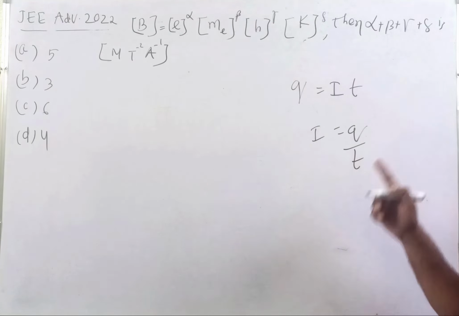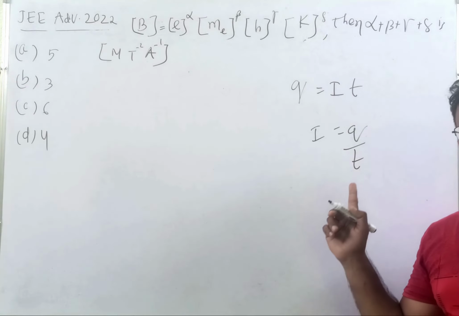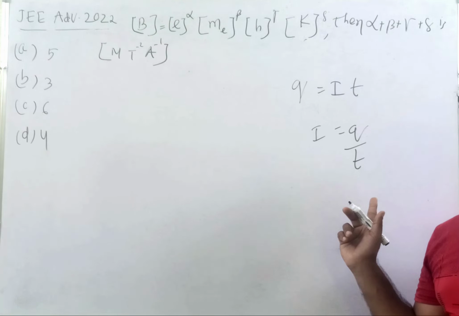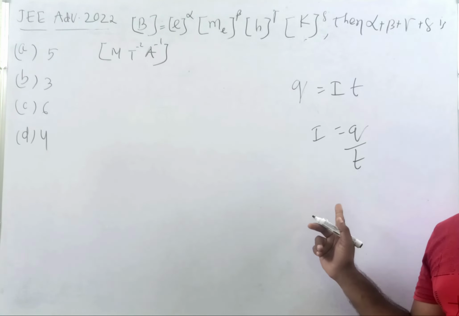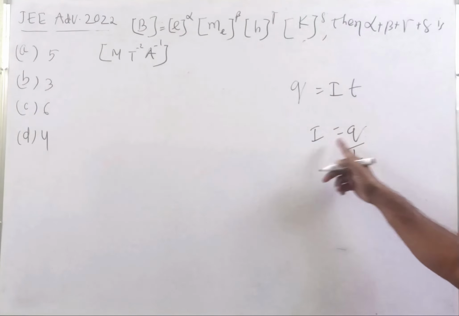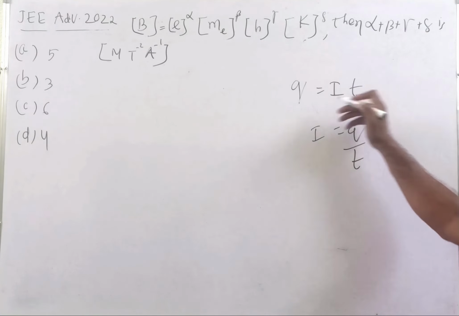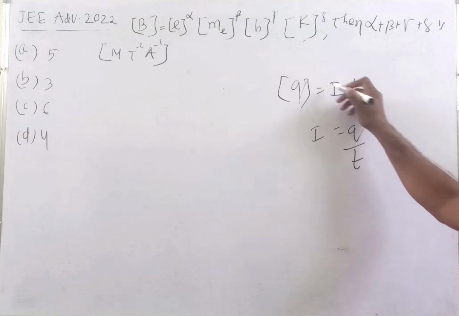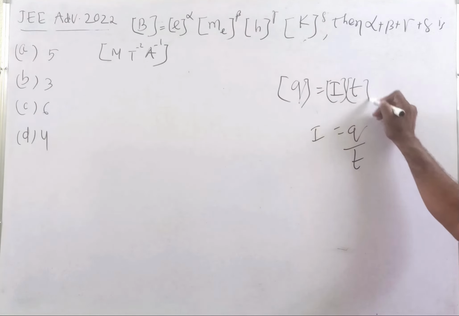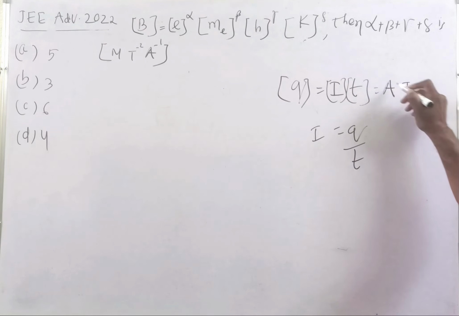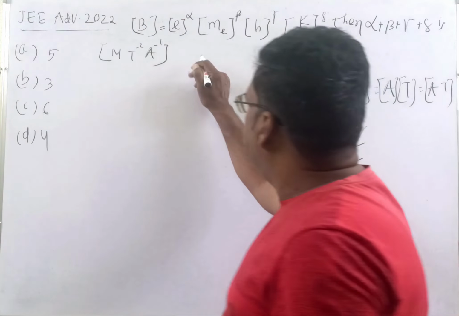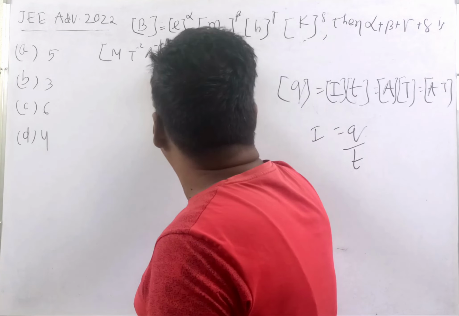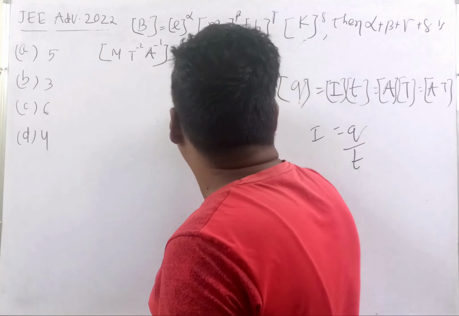How much electric charge is flowing through a point in unit time or in a second is called the electric current at that point. So we can write I equal to Q by T or Q is equal to IT. So dimensions of Q will be equal to dimensions of I into dimensions of T, that is A and T. So we may write AT for e here, that is AT to the power alpha.